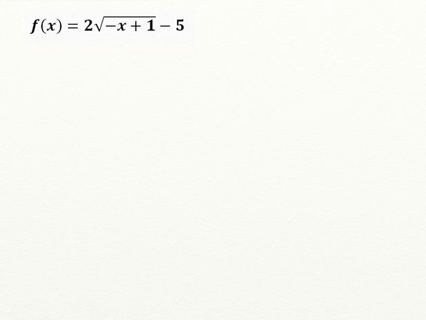But what's caught my attention is that inside the square root function here, it doesn't look like what we were expecting to see. Because inside the square root function, normally we're expecting to see something that looks like x minus p, and the x is all by itself.